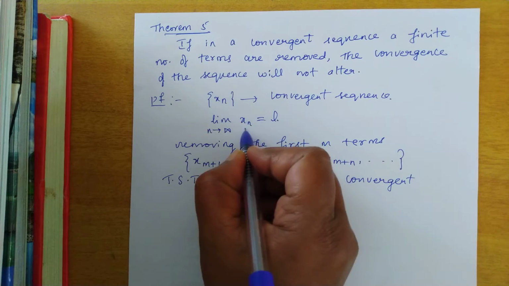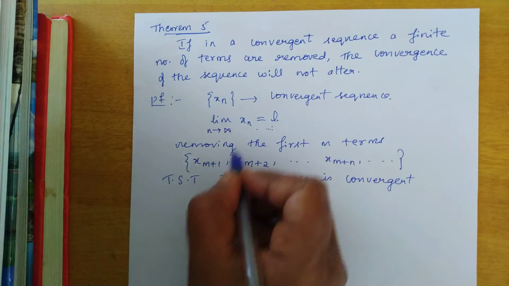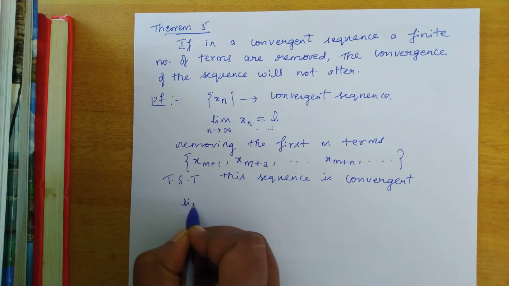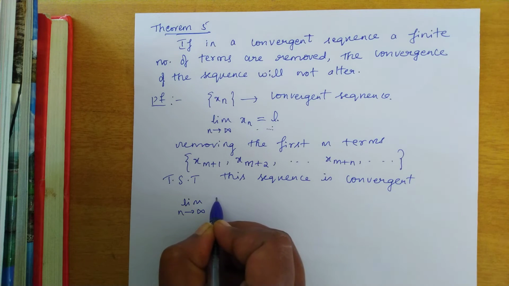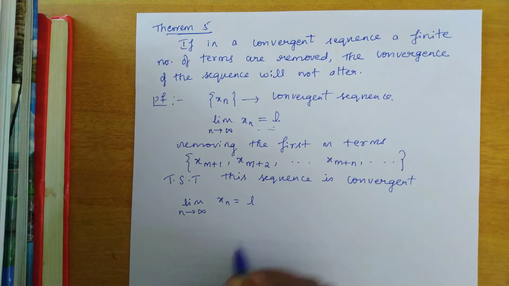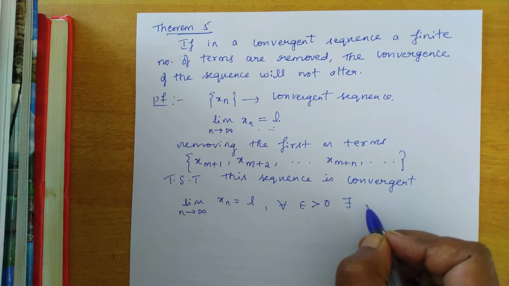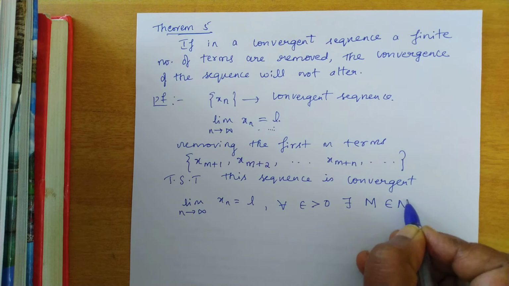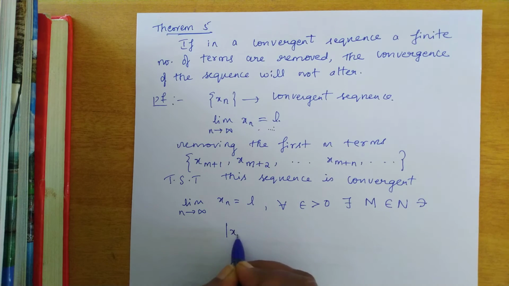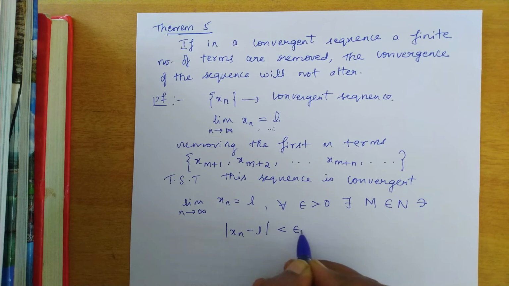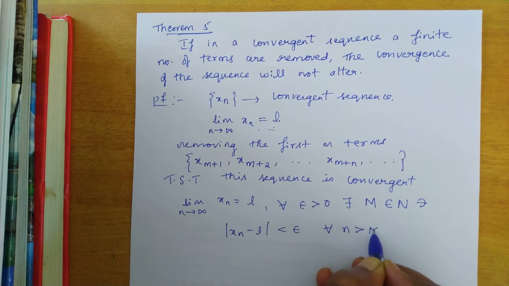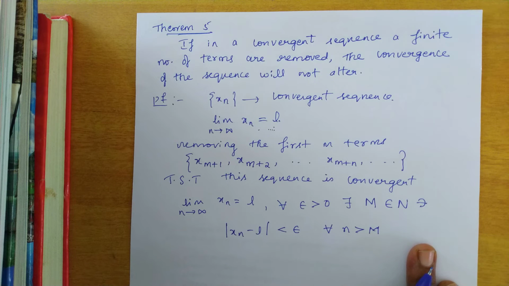From the definition we know that the limit as n tends to infinity of xn is L. For all epsilon greater than 0, some positive quantity, there exists a capital M belonging to N such that modulus of xn minus L is less than epsilon for all n greater than capital M. So this follows from the definition of the convergent sequence.